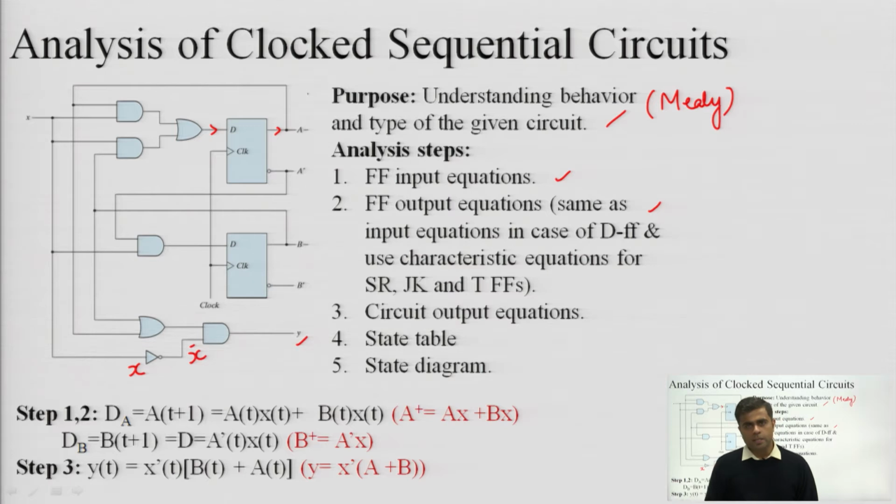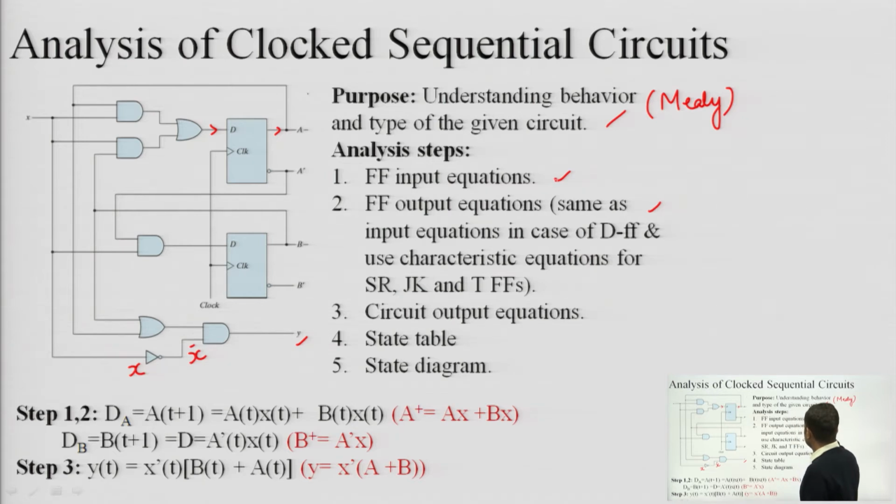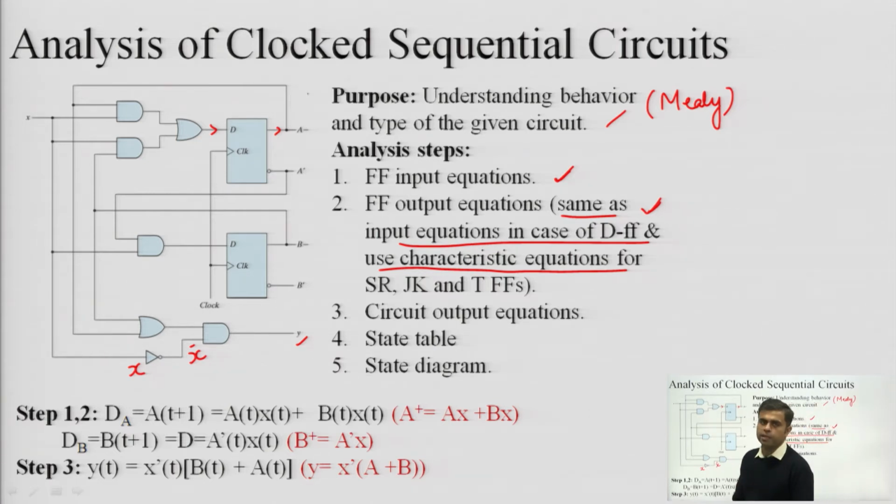We can denote it either way, the only thing is the next and present denotations. So first we find the flip-flop input equation, then the flip-flop output equation, which is the same as the input equation in case of a D flip-flop, and if any other flip-flop is there, we use the characteristic equation for finding the output.